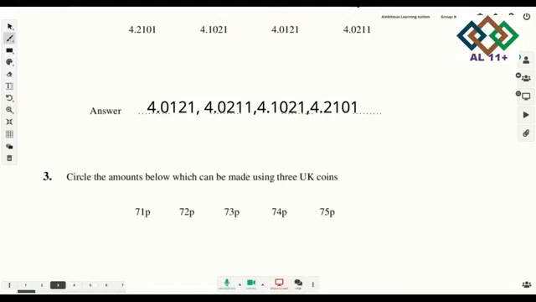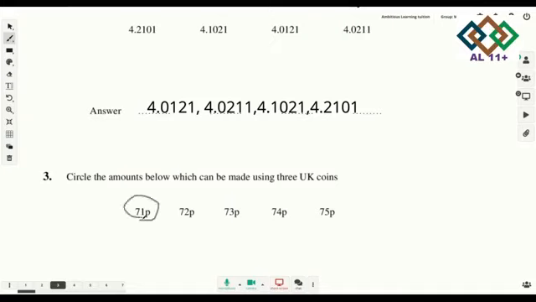Circle the amounts below which can be made using 3 UK coins. So you need to think which one is made by using 3 UK coins. You need to think how you make 71p and how you make 72p. So let's do this.